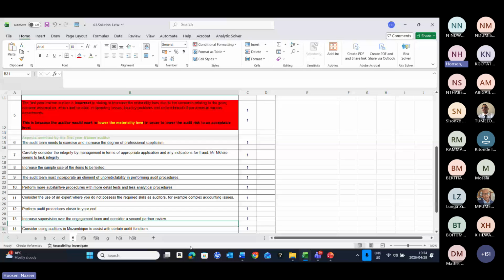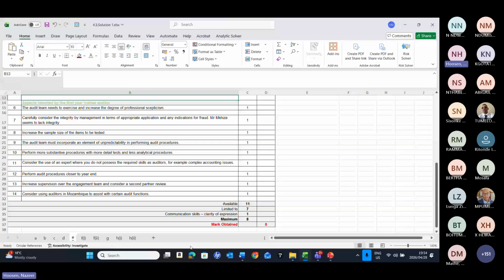And in this instance, we asked for audit strategy. So, for what it's worth, I'm asking you for audit strategy. And in this instance, what we said is the audit team needs to exercise and increase the degree of professional skepticism. Simplistic.